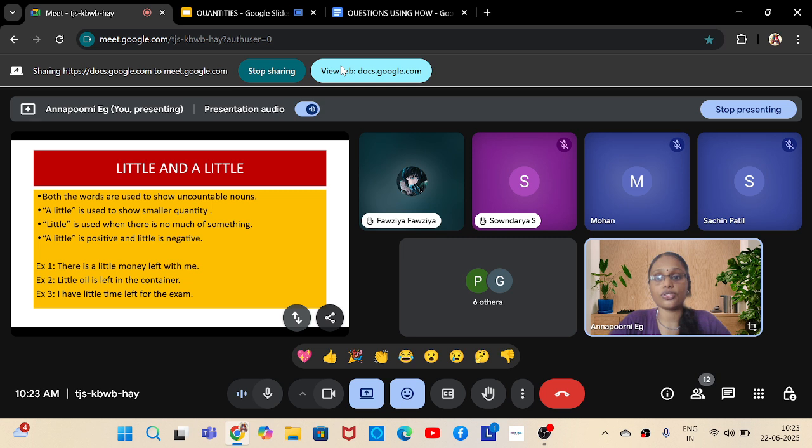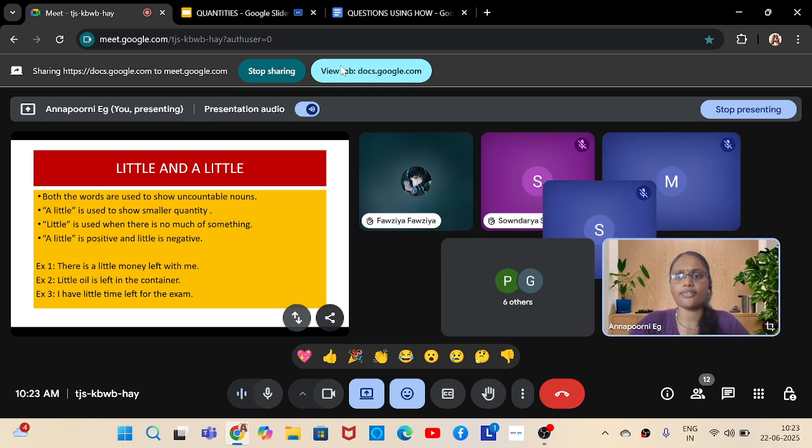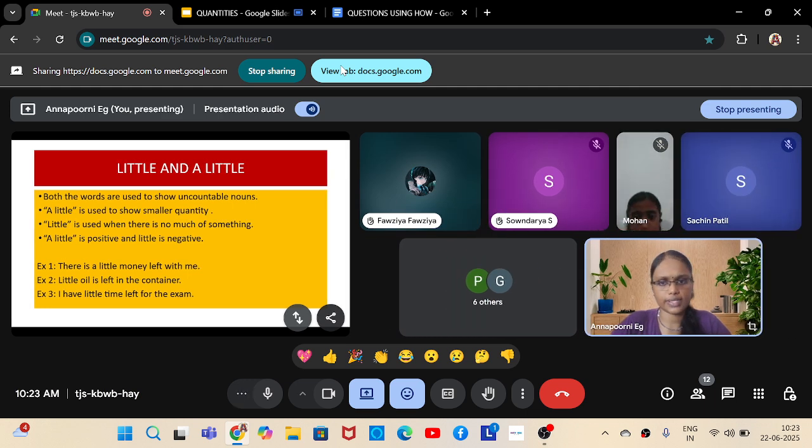But little is used when there is not much of something. So a little is used to show a smaller quantity. Little is used when there is not much of something, just like a few and few. Same context. The only difference is here we are using it with uncountable nouns. That's it. And a little is therefore positive and little is negative.